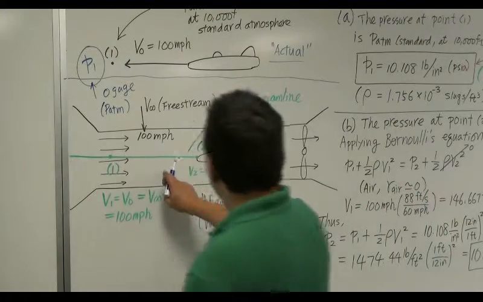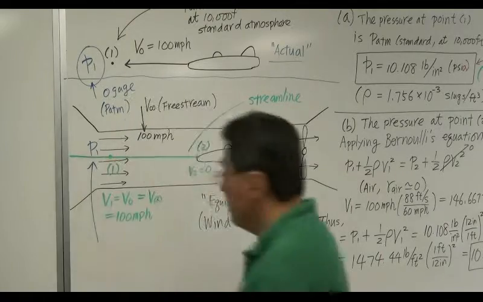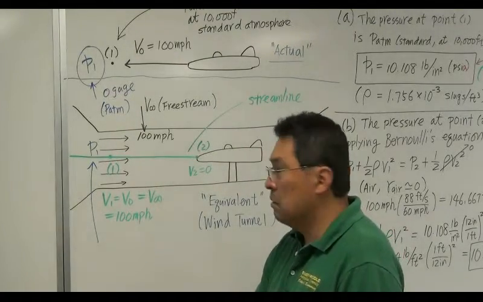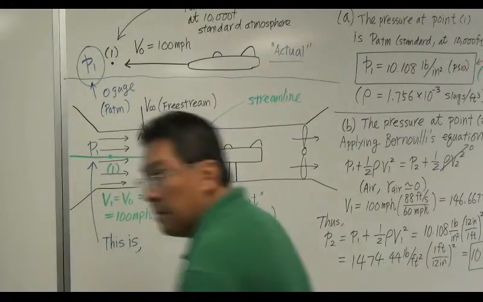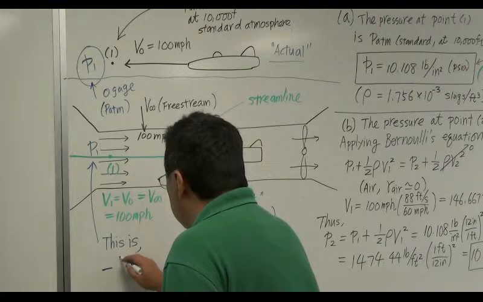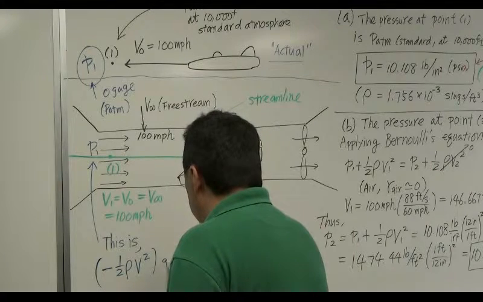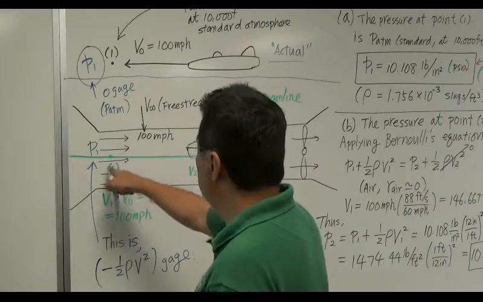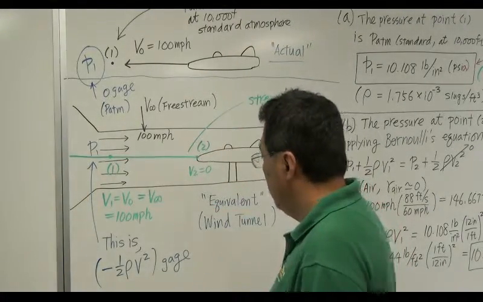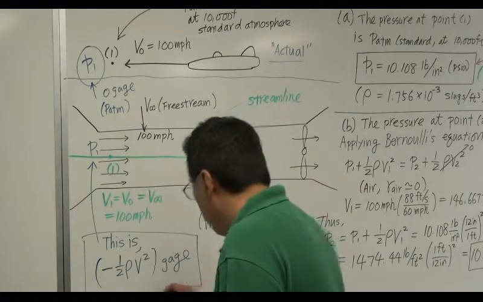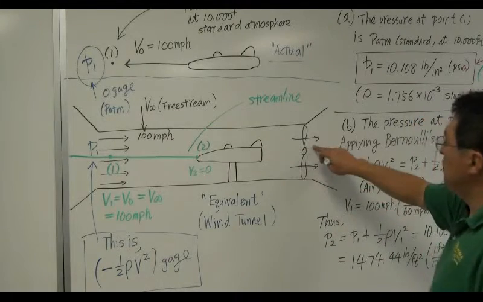What about in the wind tunnel, what is P1 here? Is this 0 gauge also? The answer is no. This is not 0 gauge. This is minus 1/2 rho V squared gauge. In other words, this is really low pressure, actually vacuum pressure. So this is how the wind tunnel operates. When you turn on the switch, it starts the fan.